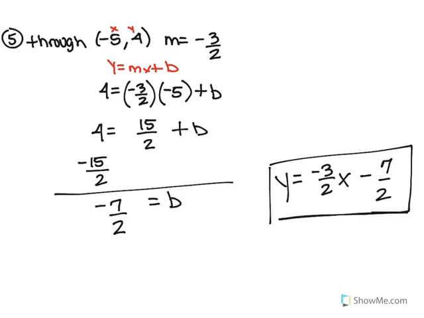Questions? Okay. Let's write the equation of a line that's going to go through the point -7, +11, and has a slope of -1/4.